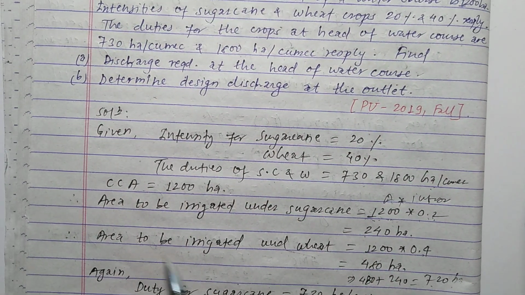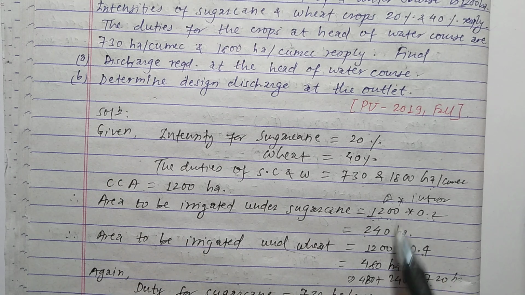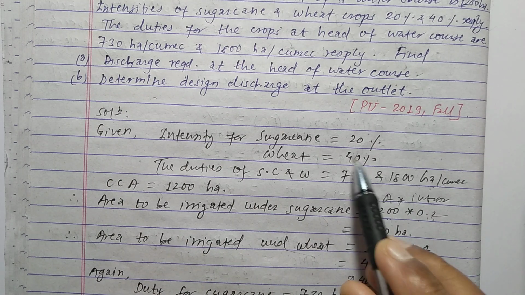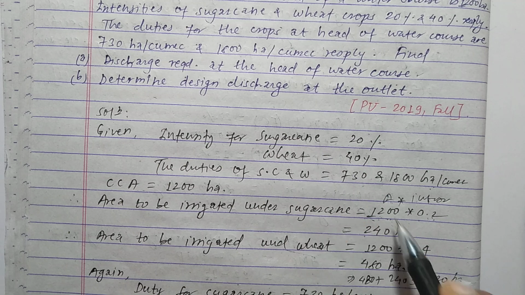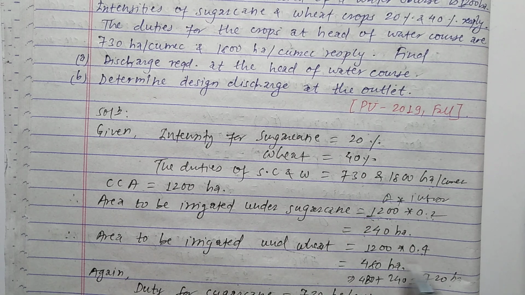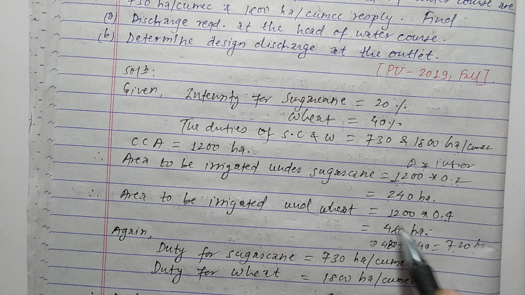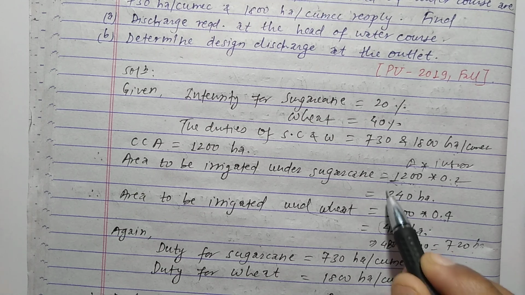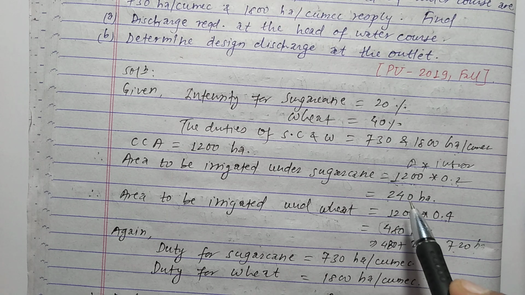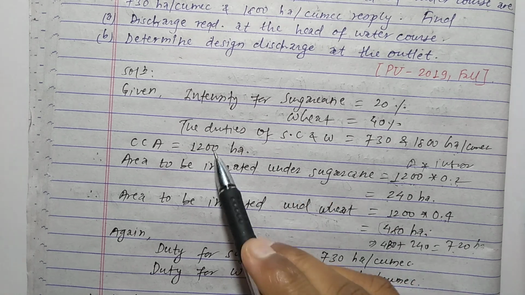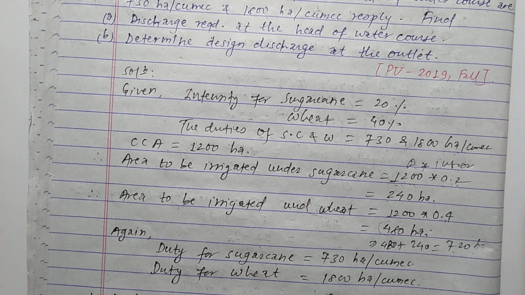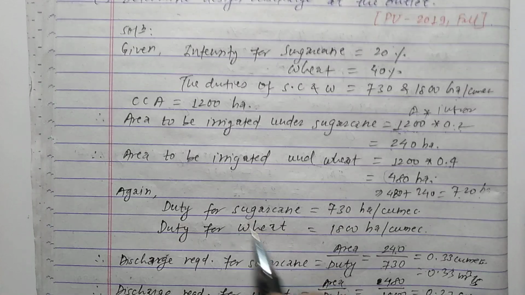Similarly for the wheat, 40% of total area. So 40% means 0.4 into 1200, we get 480 hectare. We can check this value: after adding this value and this value, it becomes equal to the total area, that is 1200 hectare. So this value is okay.